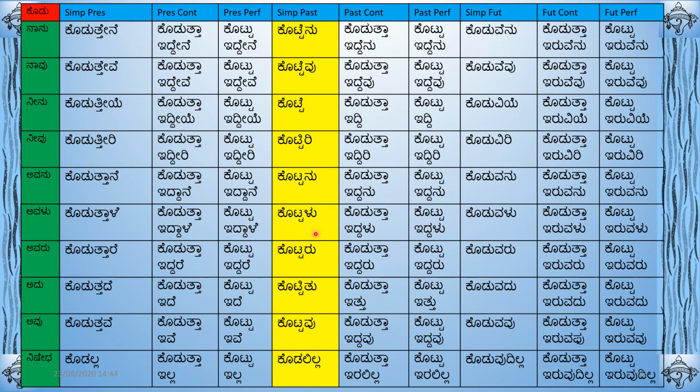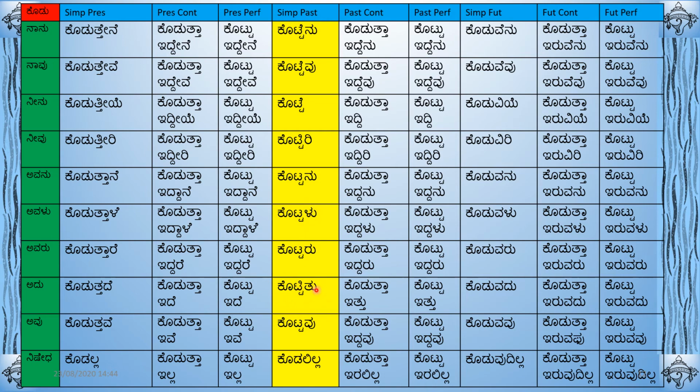Kodu is also an irregular verb. We will have irregular in the past. ಕೊಟ್ಟೆನು, ಕೊಟ್ಟೆವು, ಕೊಟ್ಟೆ, ಕೊಟ್ಟಿರಿ, ಕೊಟ್ಟನು, ಕೊಟ್ಟಳು, ಕೊಟ್ಟರು, ಕೊಟ್ಟಿತು. Again, see ಕೊಟ್ಟಿತು, right?